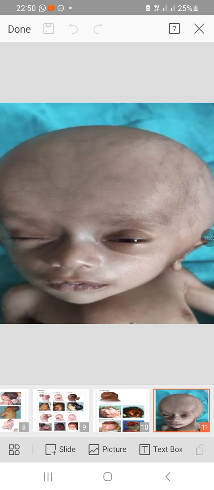So the cerebrospinal fluid will be contained inside the skull. This will result in an increase in the size of the head.